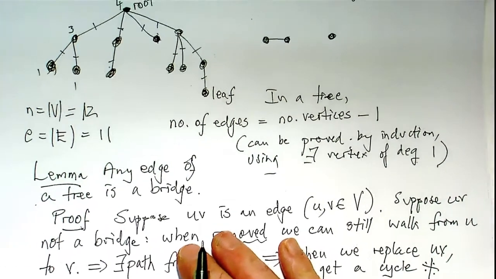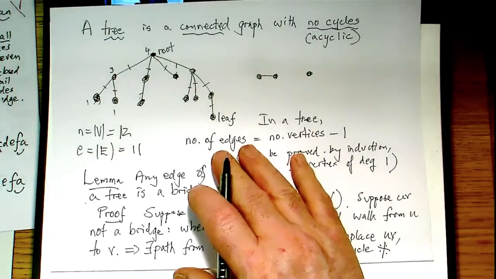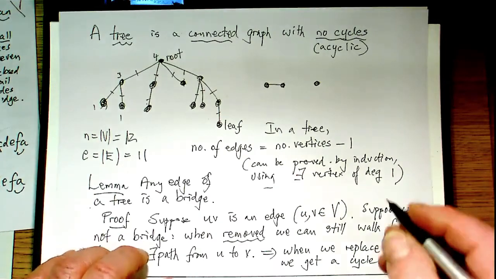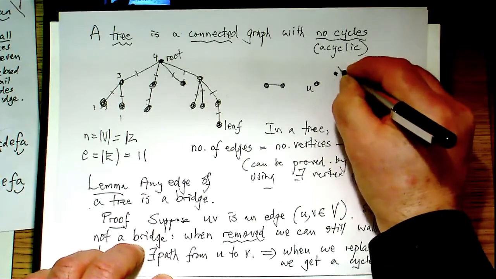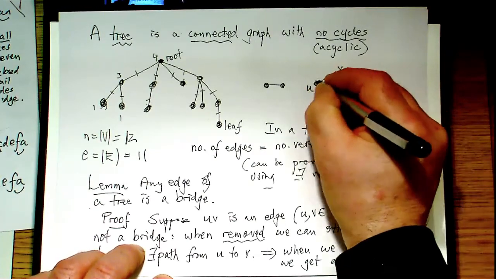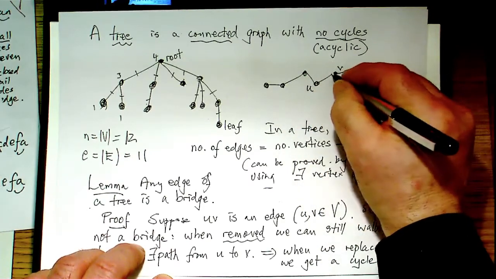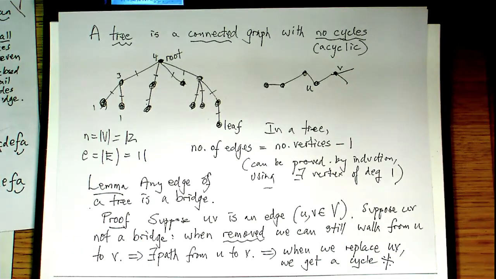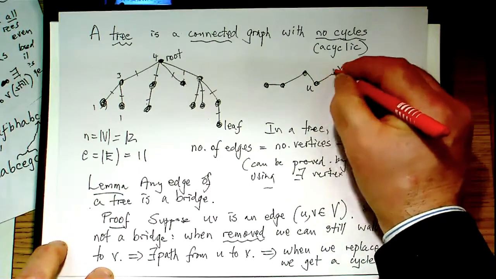Let me just draw a picture to illustrate what I'm saying. So here we've got U and V. Maybe this is U and this is V. And as part of our tree, we may have other vertices like this. And we're going to remove this. The first step is to remove, we're supposing this is not a bridge.